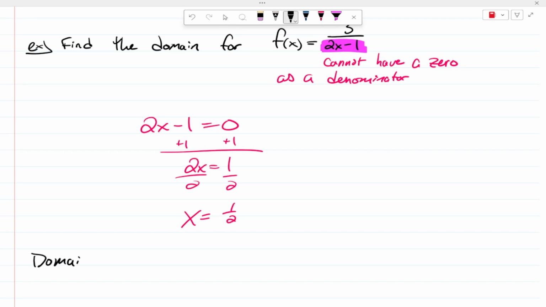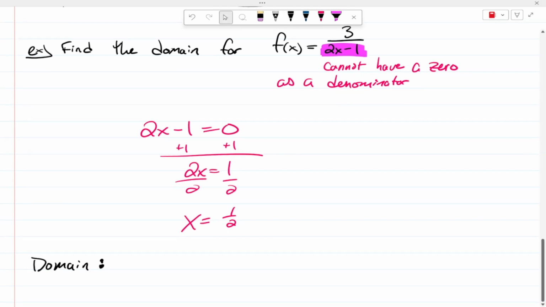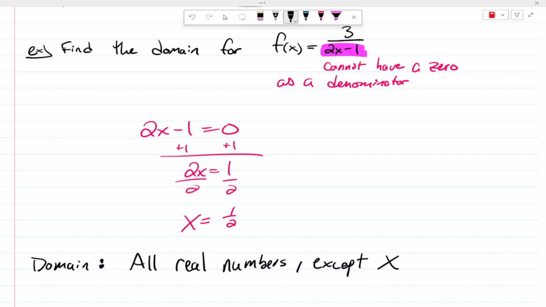I'm just going to write domain, and then a colon. So our domain for this problem, f of x equals 3 over 2x minus 1, is all real numbers except x cannot equal 1/2. Because if x is 1/2, you get 0 in that denominator. And that completely breaks that function.